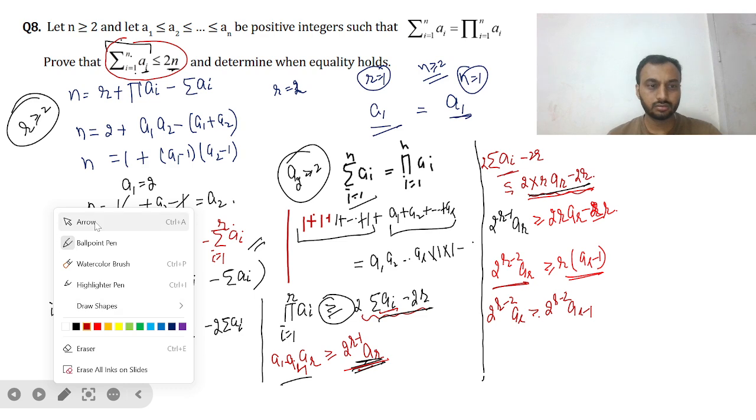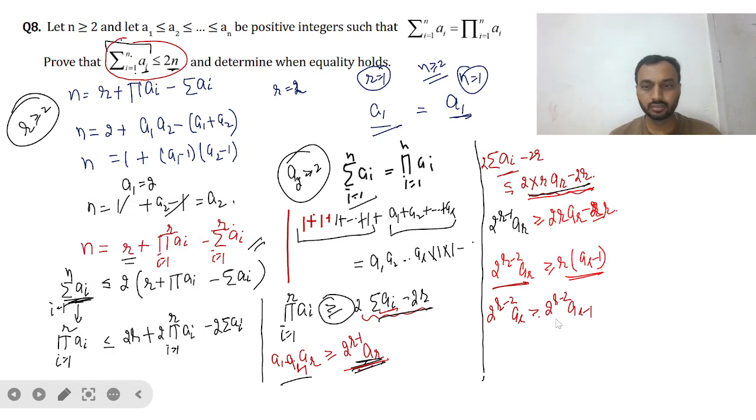Okay, so let's not do that. We have to compare this one: 2 power r minus 2 ar is greater than r times ar minus 1, right?